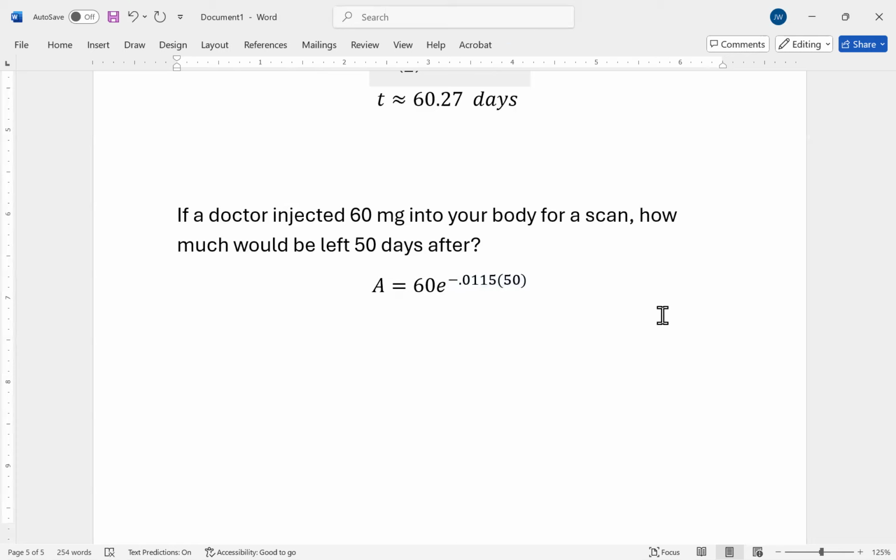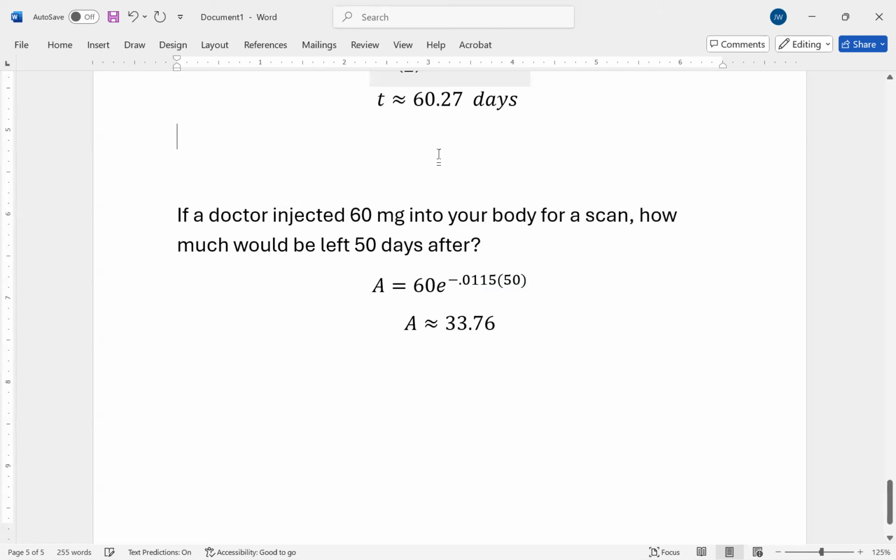So P of 60 and T of 50. We take 60 multiplied times e raised to the negative 0.0115 times 50. If you did that, you would get the amount is approximately equal to 33.76. Again, that would be in milligrams.